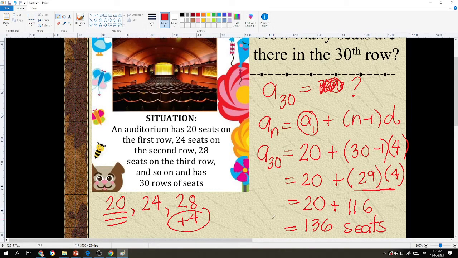Mao ni answer sa atong question. Nangutana, pila ka seats ang 30th row? Sir, there are 136 seats in the 30th row.